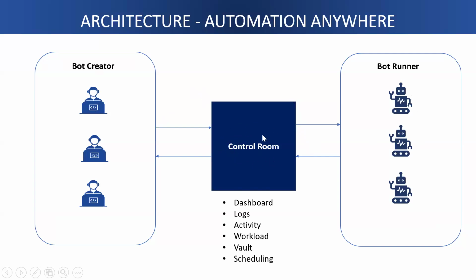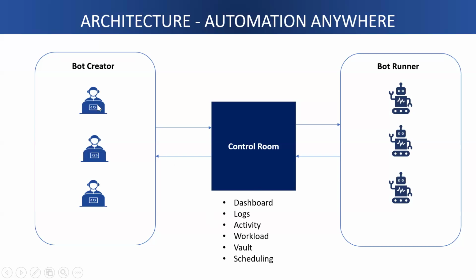In the server application, we can display the dashboard, as I said. If we are running bots on any machine, how exactly we are utilizing this machine, like whether we are using 4 hours or 8 hours on a daily basis, that information is logged.